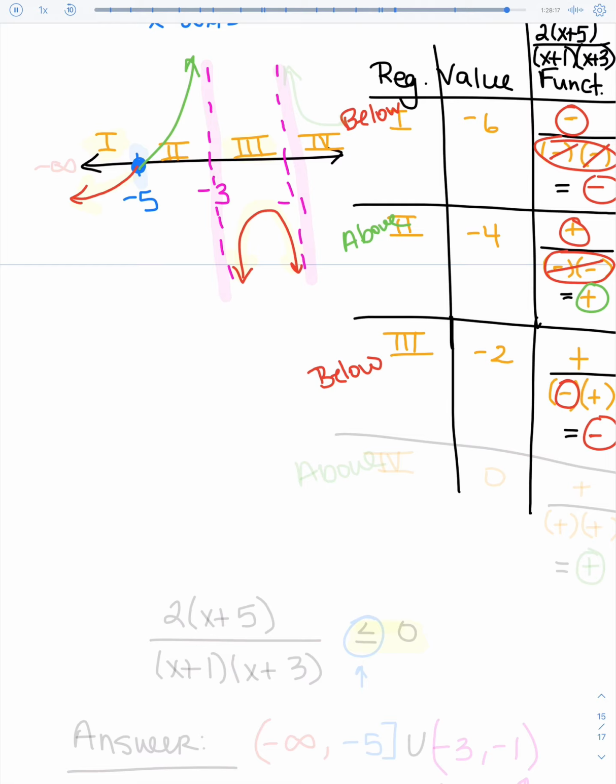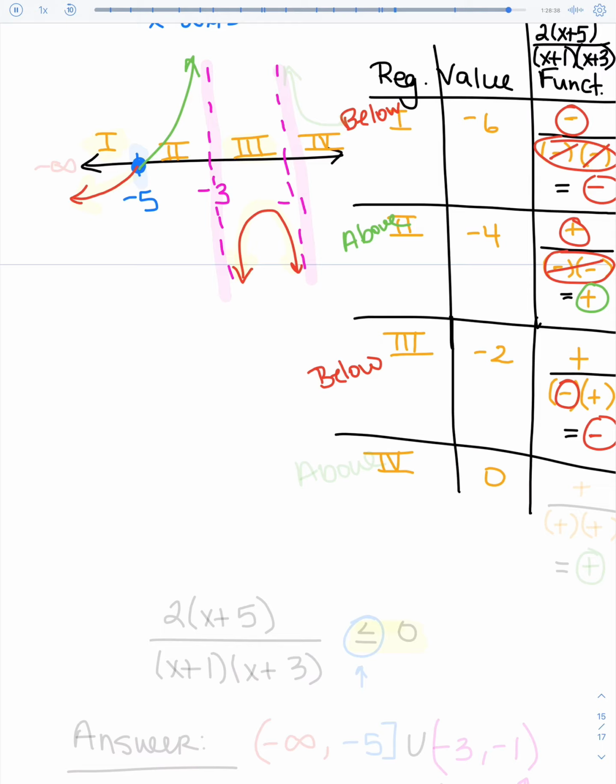Okay, last region is region 4. Region 4 is anything after -1. The easiest thing after -1 is 0, so let's see what that does for us.